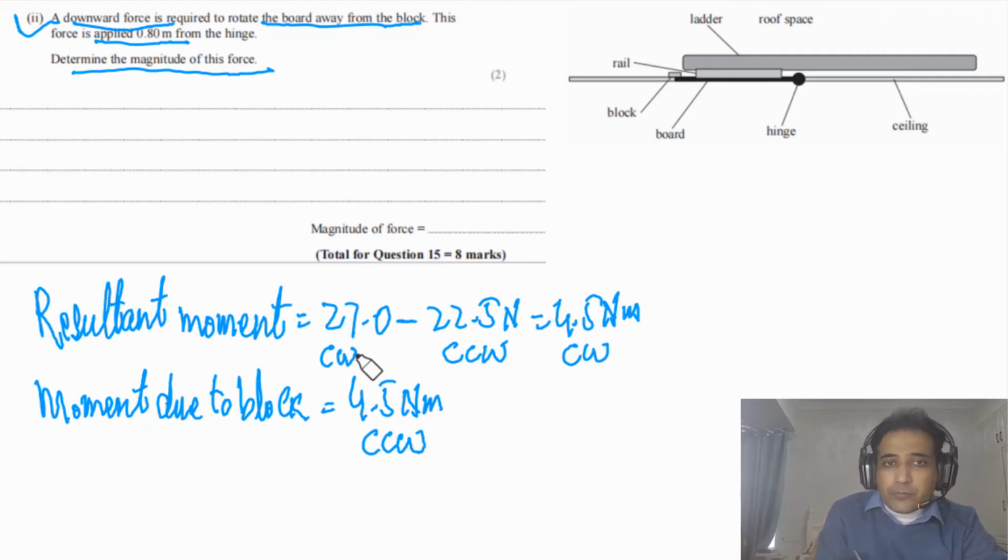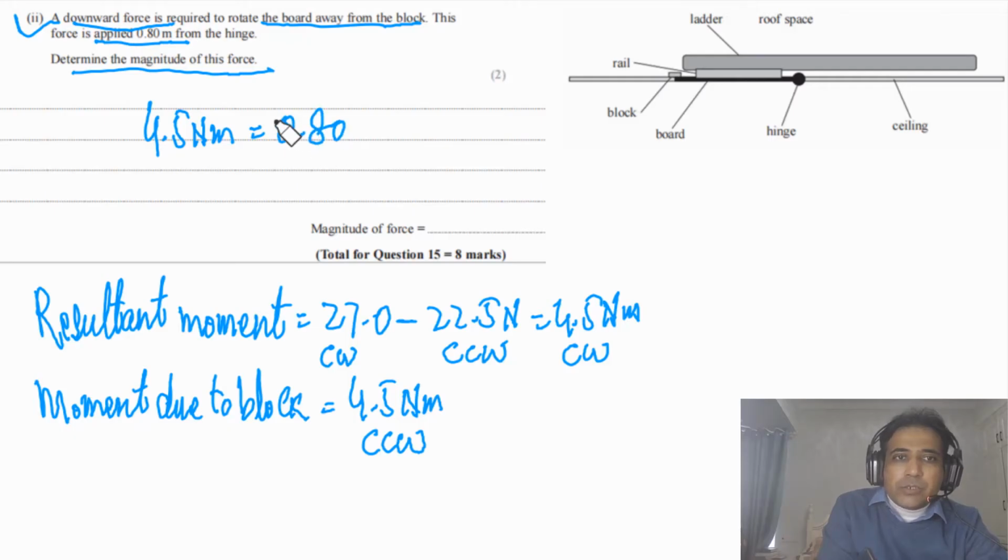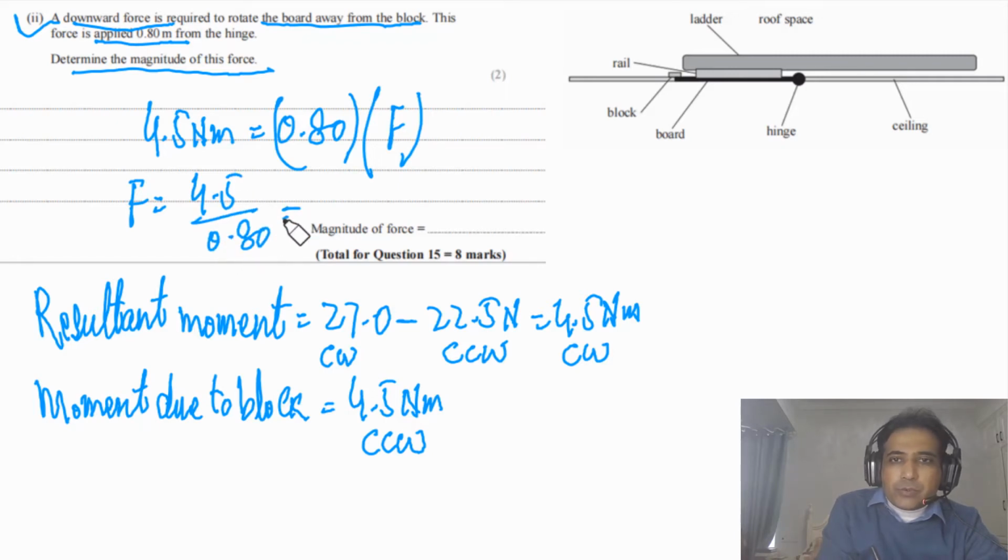Now we have the value of the moment, that is 4.5 newton meters, and the distance from the hinge is given, that is 0.80 meters. We need to find the magnitude of the force. So from here we can simply say force will be equal to 4.5 divided by 0.80 meters.